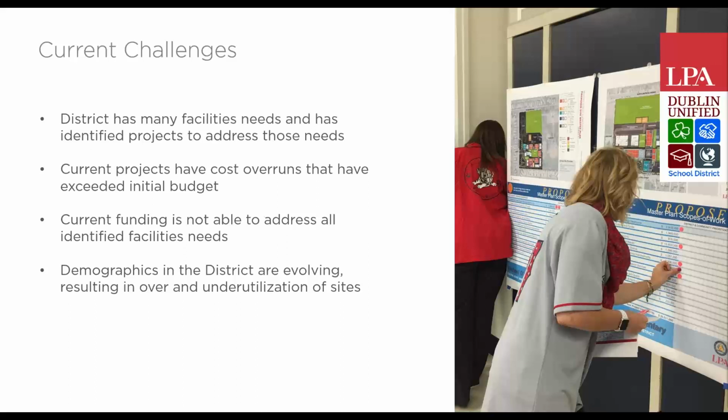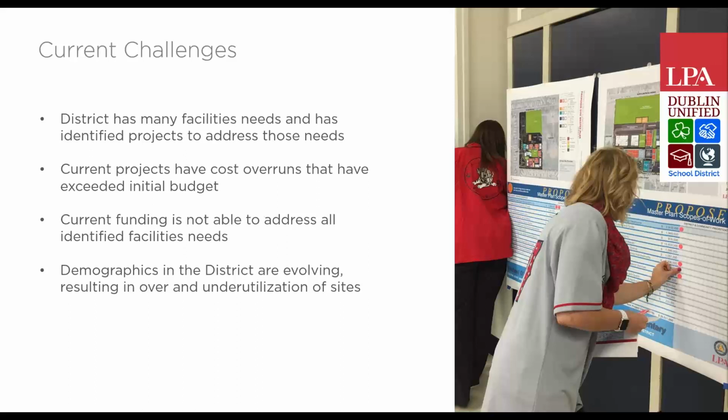Those projects have had a number of cost overruns that have exceeded the initial planned budget. The current funding is not available to meet all those needs. And most importantly, your demographics in the district are evolving. Certain areas are growing more than others, so you've got some overutilization and some underutilization of different sites. Those are the challenges.